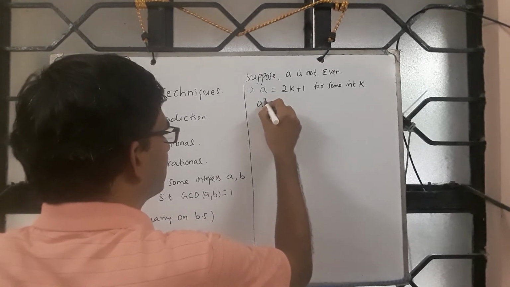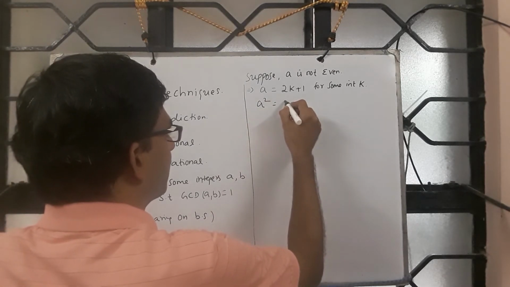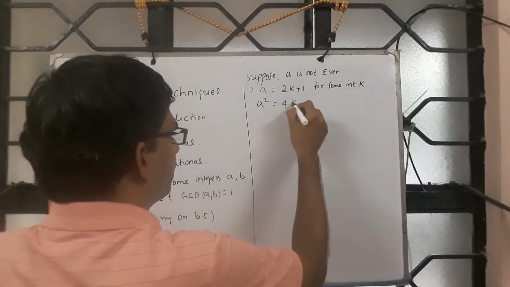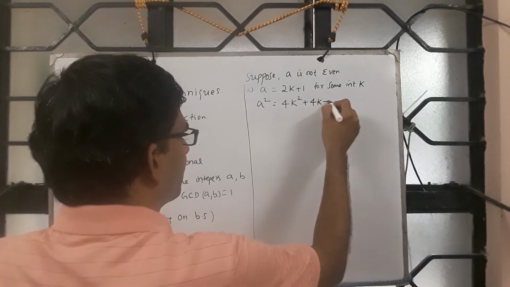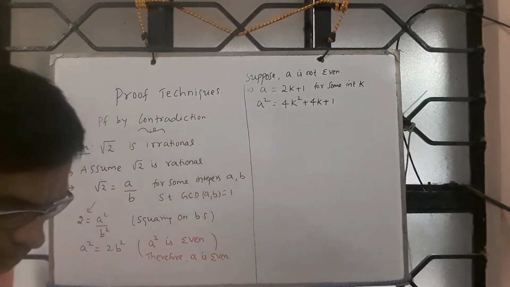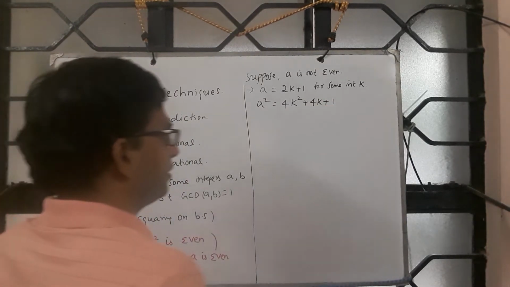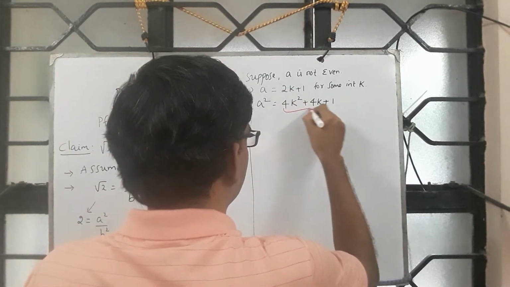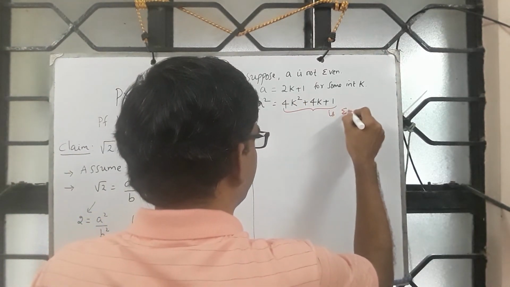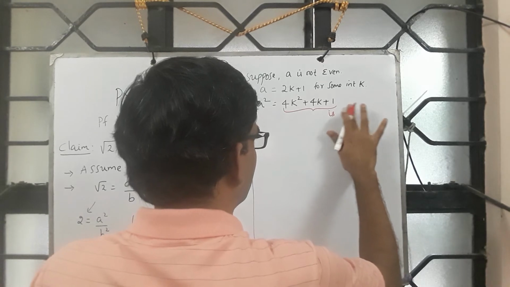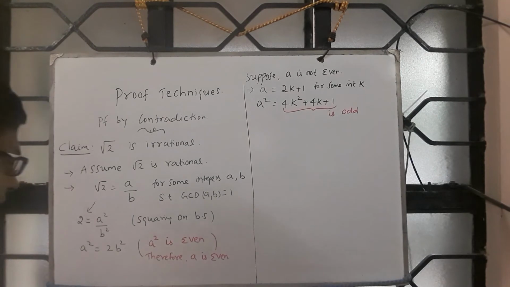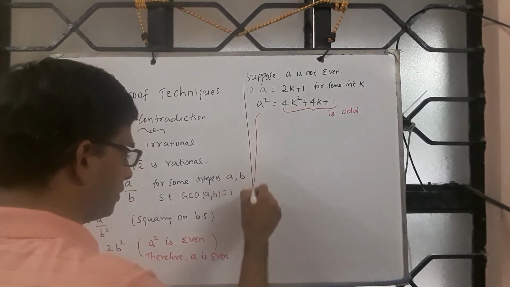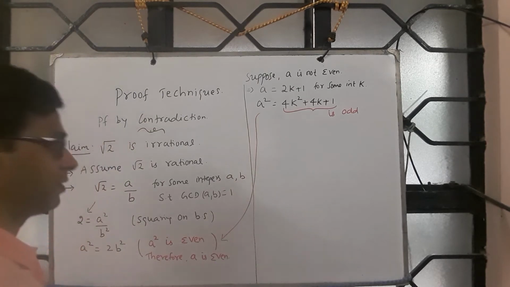Now you look at a square. If you look at a square, you get 4k square plus 4k plus 1. And this one is an odd number, which is contradicting this fact.